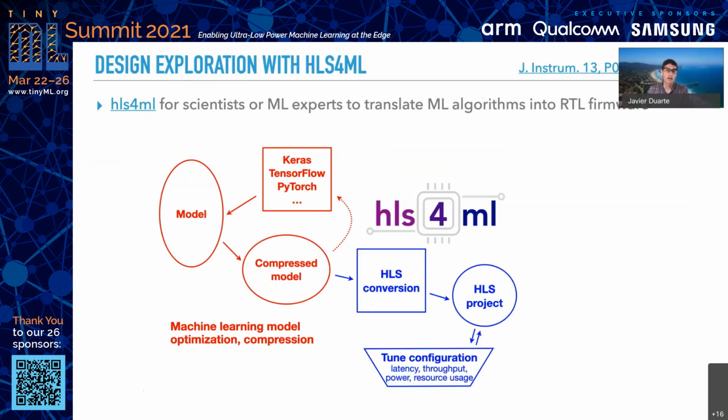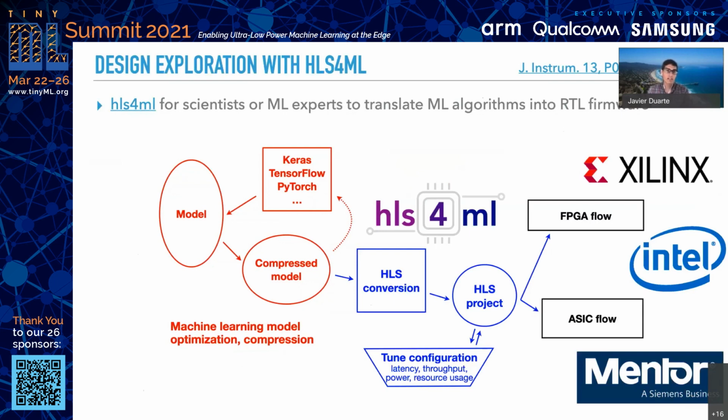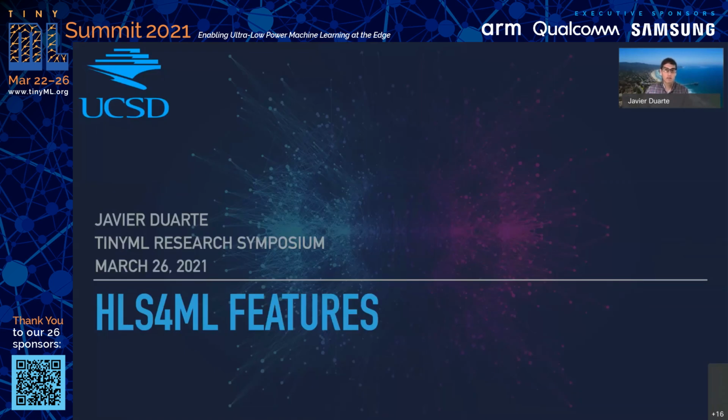Then you can use this stack, hls4ml, to convert this to a high-level synthesis project, or HLS project, which can then be tuned. The configuration can then be additionally tuned from there. And then finally, you can export this HLS design to custom firmware that targets different FPGAs or ASICs with different flavors of HLS compilers from Xilinx, Intel, and Mentor. So that's the overall big picture.